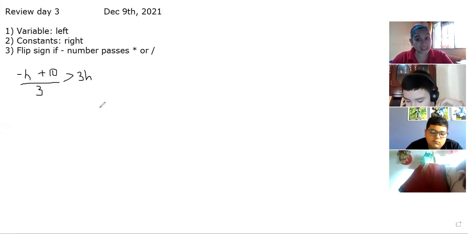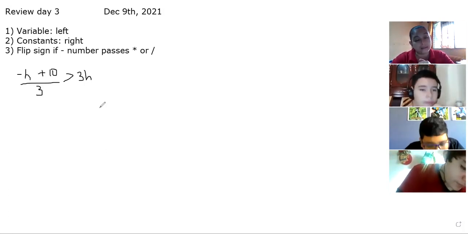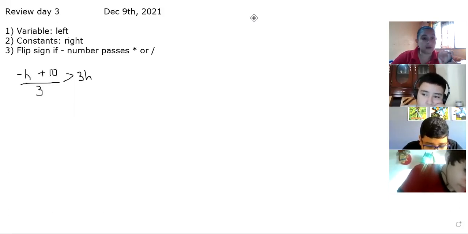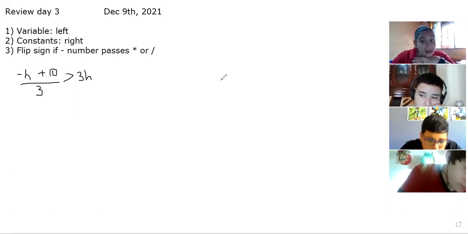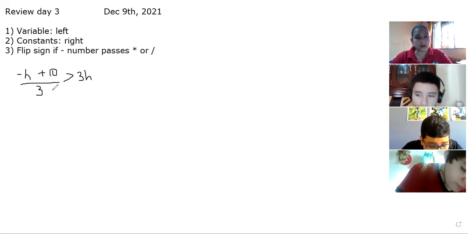This is something that we haven't seen fully, because unfortunately time is really limited, but you should know already how to solve this because we have seen already every single rule that will help us solve that. Whenever we have a fraction, you can see we have a fraction on the left side, negative h plus 10 over 3 is greater than 3h.